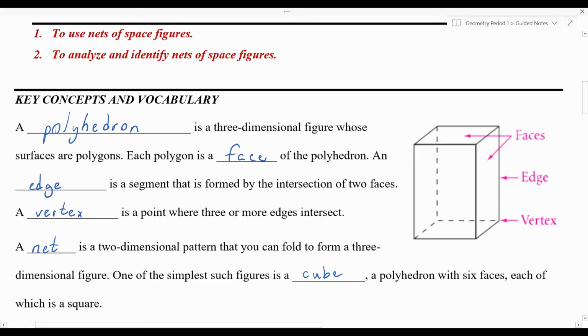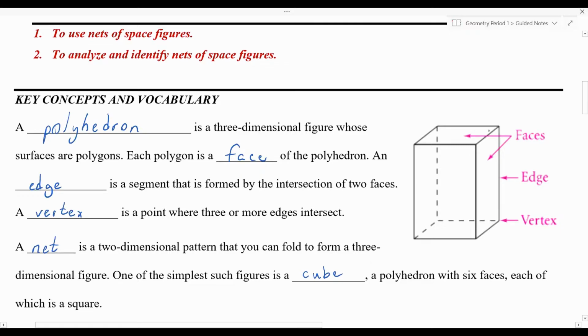Let's take a look at this polyhedron that we have here on the right. As you can see, the top and bottom look to be squares. Then the other faces are rectangles, and each of the faces is a two-dimensional figure: 2 squares and 4 rectangles.